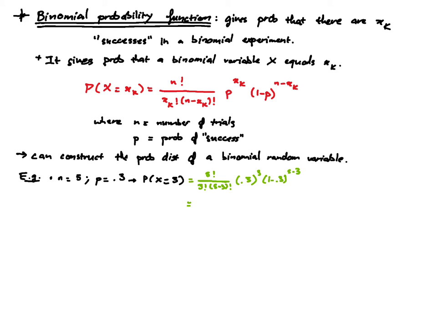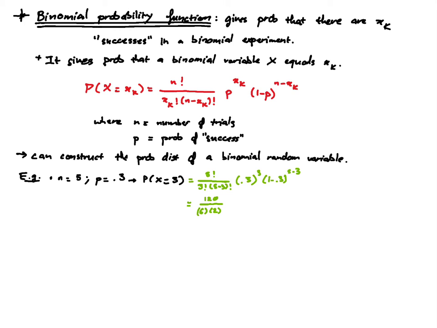This means that we're going to have 5 factorial, which is 120, divided by 3 factorial, which is 6, times 5 minus 3 factorial, which is 2 factorial, which is 2.